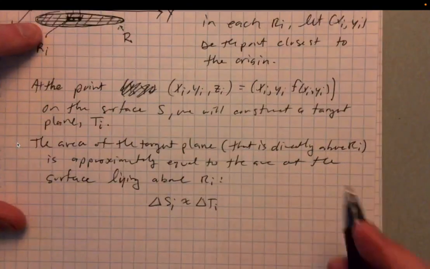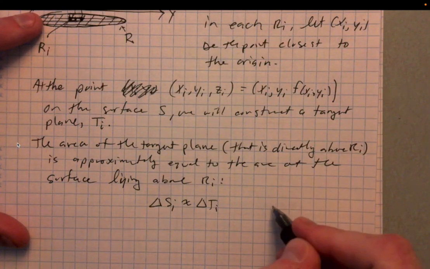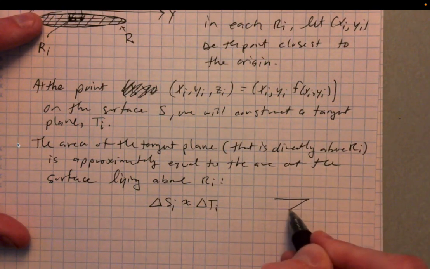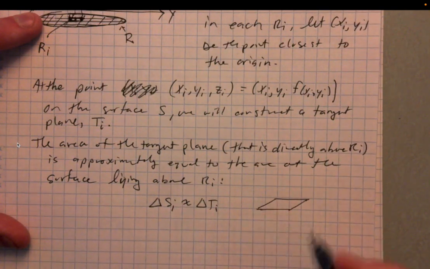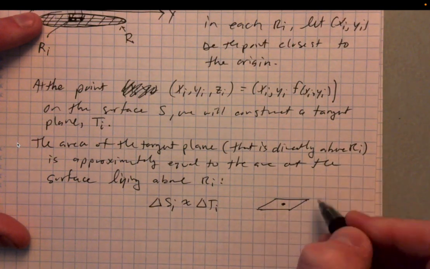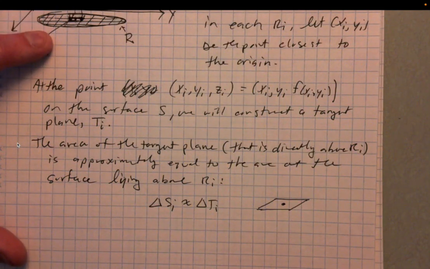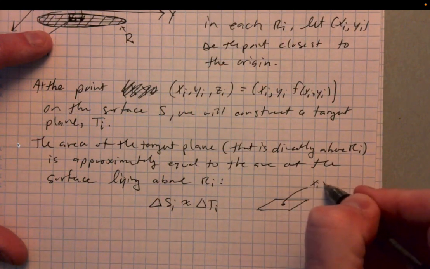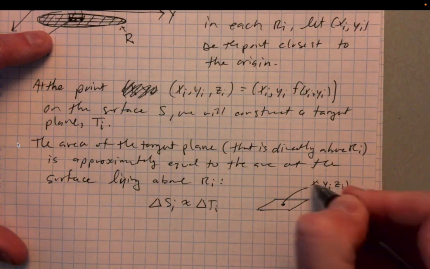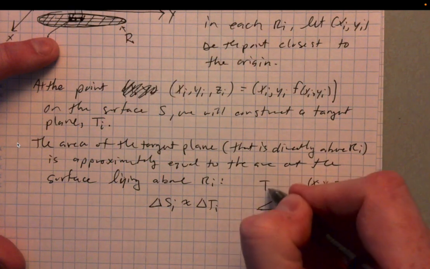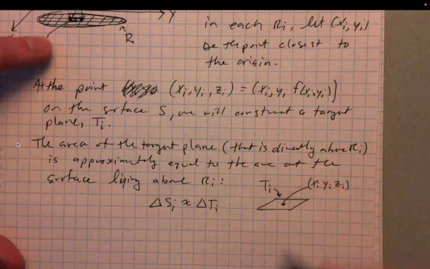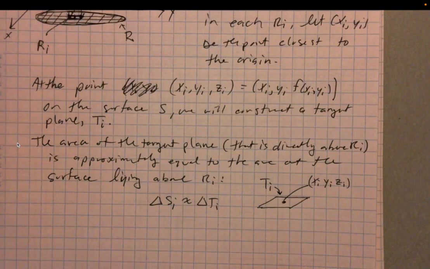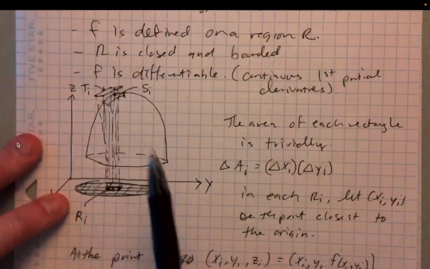Okay, so let's just make that clear. What are we doing here? Well, we've got our Ti, which is a regular plane, and it's tangent at this point xi, yi, zi. It's touching the surface.